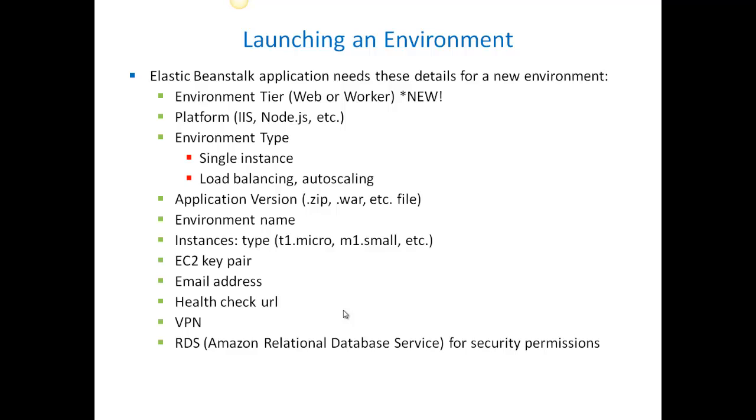It lets you put it in a VPN, and then it also wants to know if you're using an Amazon relational database, and it will configure the security so that your EC2s and possibly your local environment, if you're doing all of this through an IDE, it'll configure it so they have permissions.